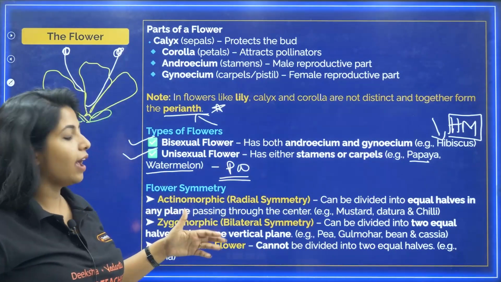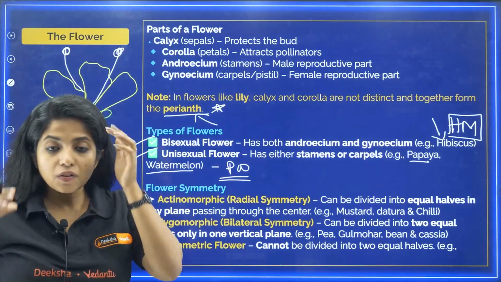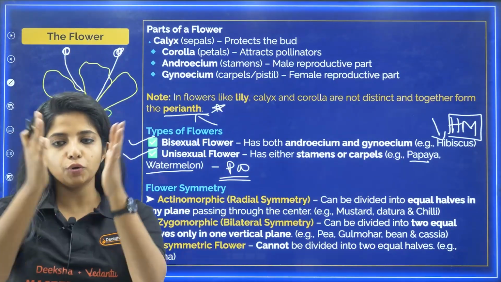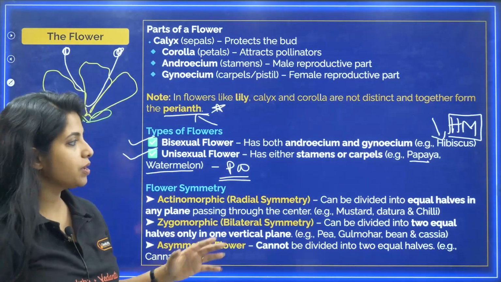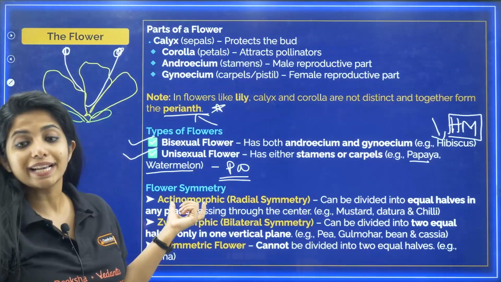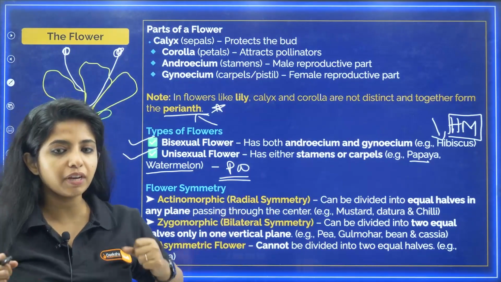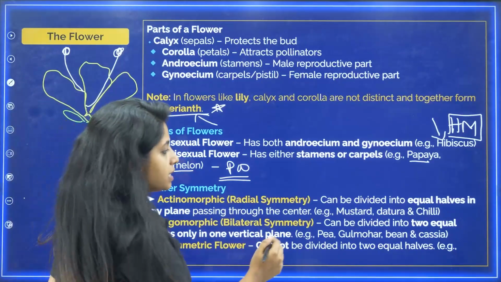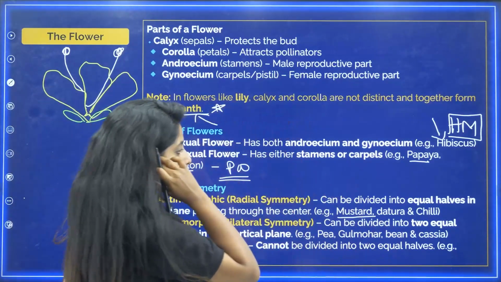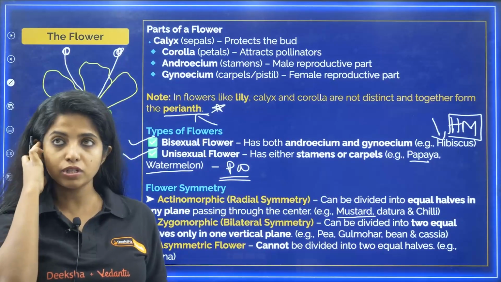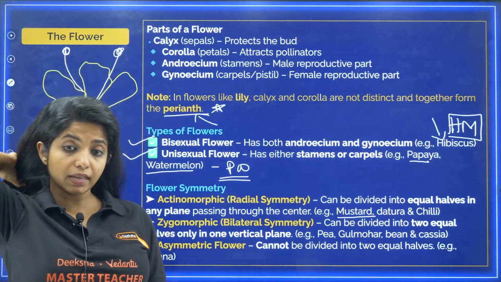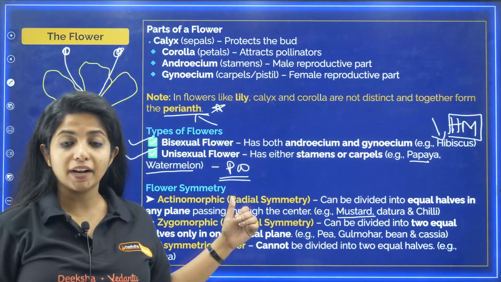Now we have flower symmetry. Certain flowers, my dear children, if you cut them from any angle, you will get two equal halves. They are known as actinomorphic. They are very active, you can remember it like that. Where do you find it? Mustard. Until now we have seen that mustard shows alternate phyllotaxy, racemose inflorescence, bisexual flowers, and now actinomorphic also.